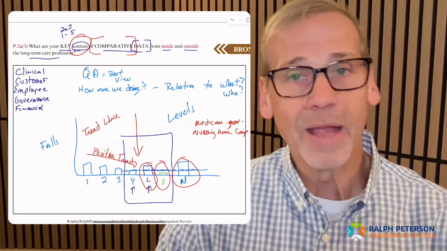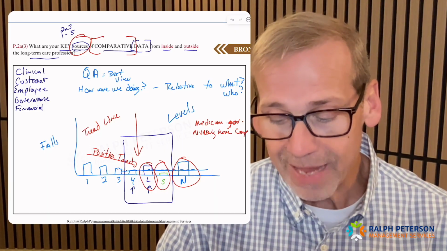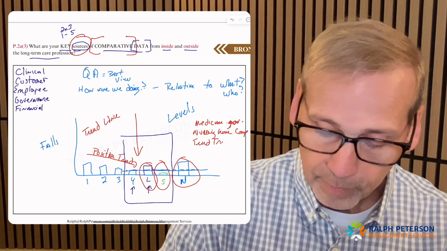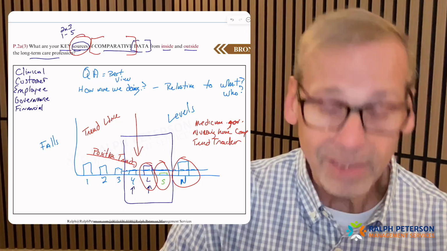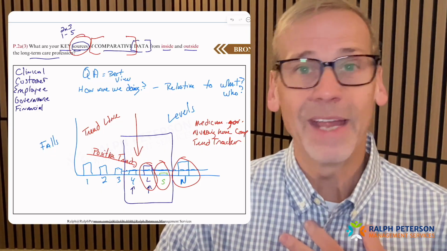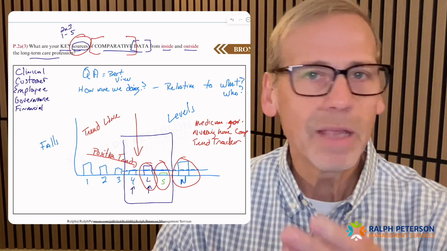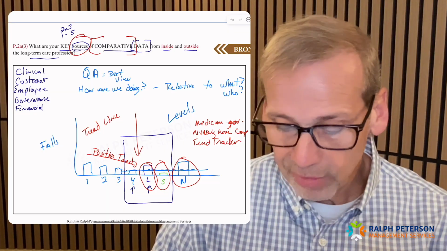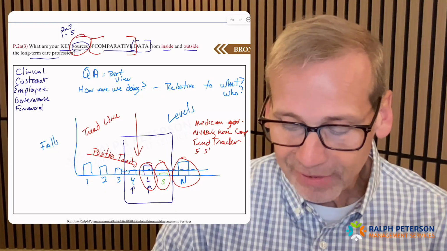You can probably find comparative data there. Or TrendTracker, which is put out by AHCA. So use one of the tools AHCA uses, TrendTracker. They give you all kinds of comparative data. Or you might also be looking at your 5-star report.